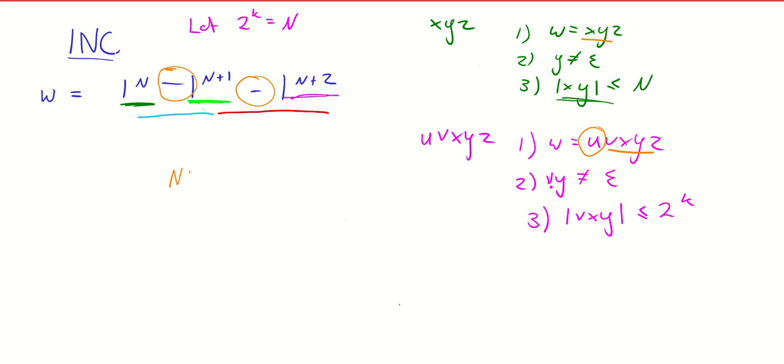And n plus 1 plus 2 is greater than 2 to the k, because as we know 2 to the k is equal to n. And we know that vxy cannot be greater than 2 to the k. So this tells us that we cannot actually have both of our dashes involved in our vxy simultaneously.